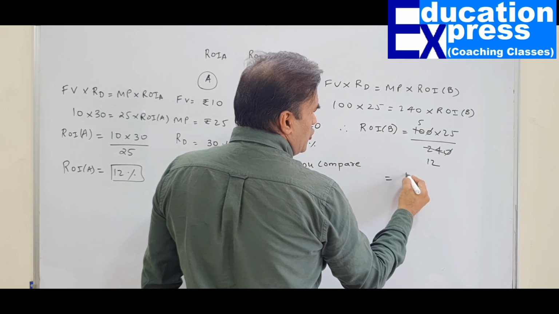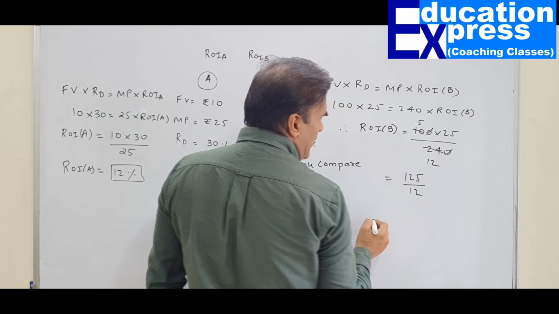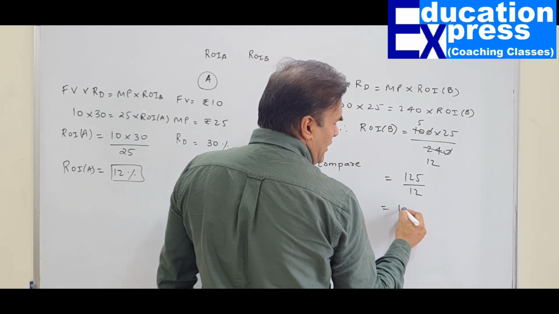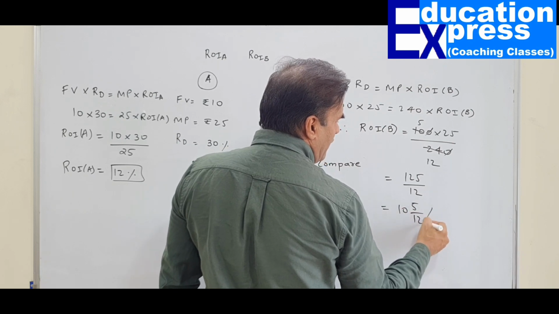So 125 upon 12, that means it will give you 10 point 4 one six, about 10.5%.